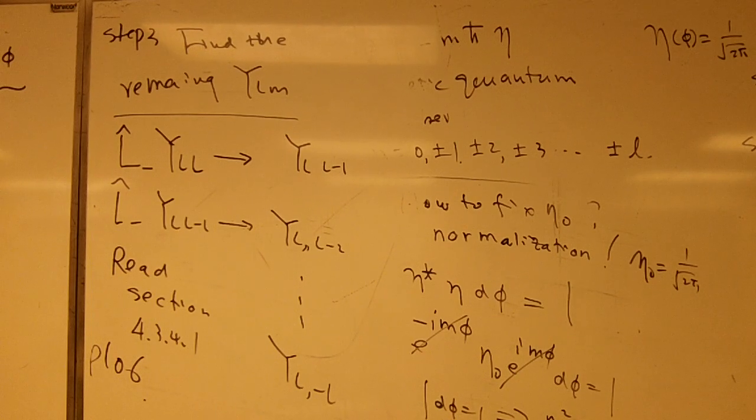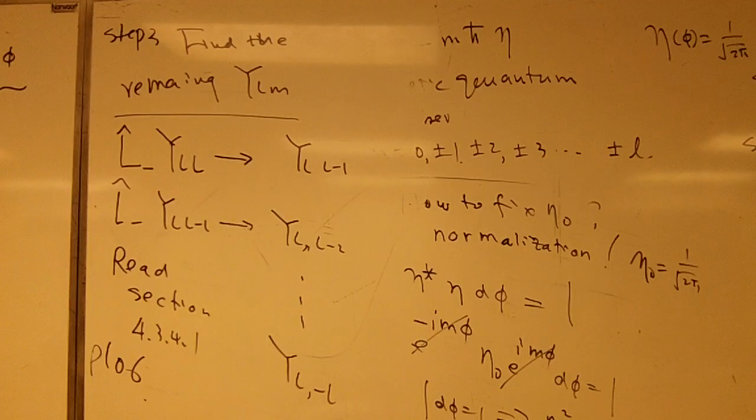The integral of the complex conjugate of Y_lm times the quantity l(l+1) minus m squared minus m times h bar squared times Y_lm times sine theta d theta d phi, which equals the absolute value of C_lm squared times the integral of the complex conjugate of Y_l,m+1 times Y_l,m+1 times sine theta d theta d phi. Okay, hold on to this.